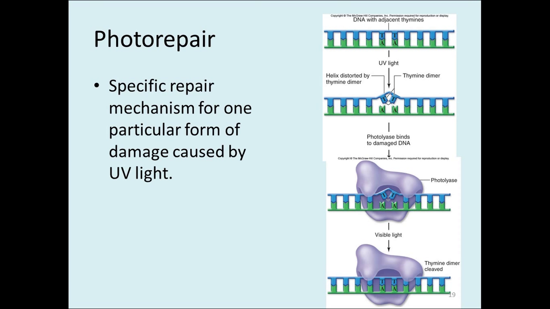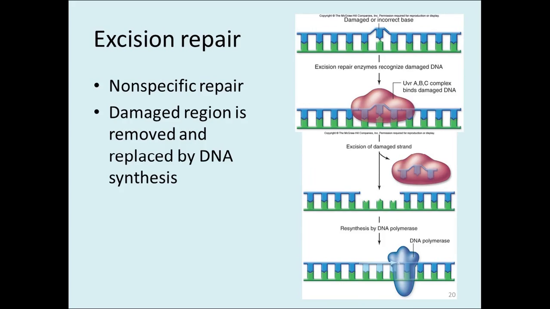Excision repair is a non-specific repair that will correct a variety of different problems. First, the cell recognizes that there is damage to the DNA. An enzyme specific to this repair will attach to the damaged area and a single base on either side.